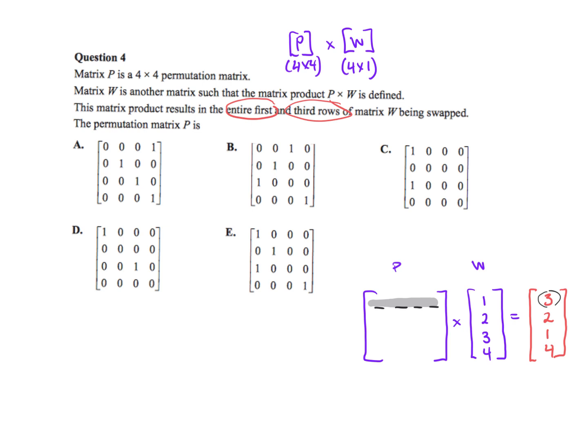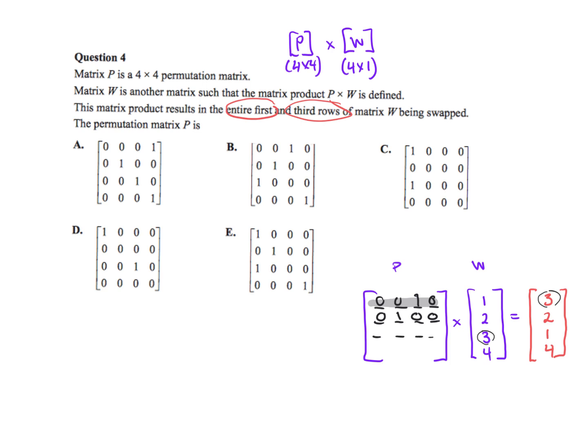So if I want 3 to show, it's the third one down, so it has a 1 there. Does that make sense? Okay. Now, I didn't want 2 to swap, so I want 2 to show. So where will my 1 be on that second row? Yeah, good. Now, the next number, I want it to be 1 there now.